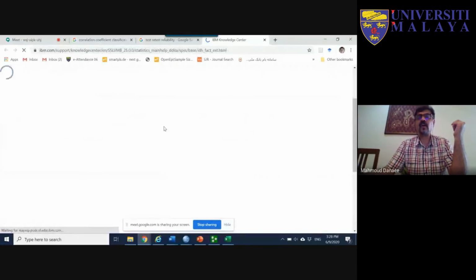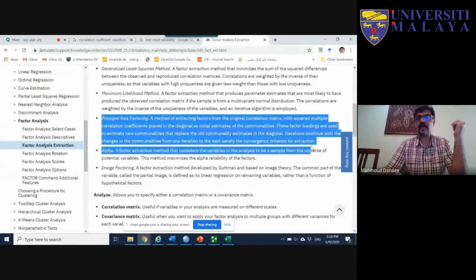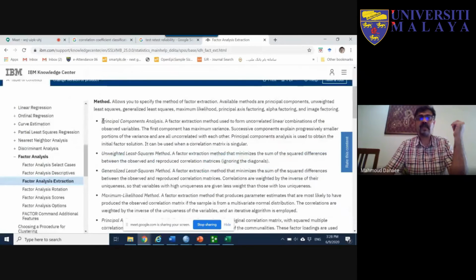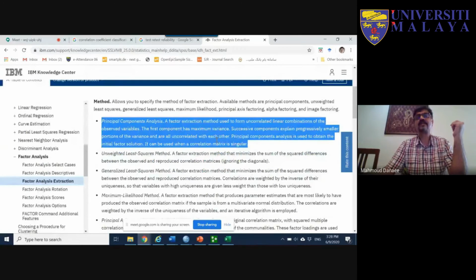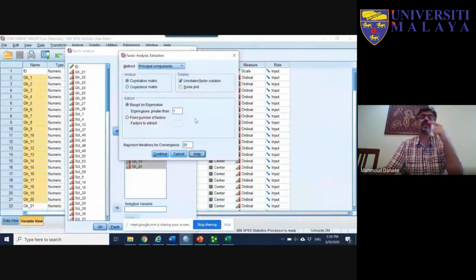You can find all these techniques here, such as when you can use principal component analysis, the alpha technique, or image factoring. Anyhow, the common technique is PCA, but if you are interested to know more, please go through the help system. I just want to show it very simple and easy.